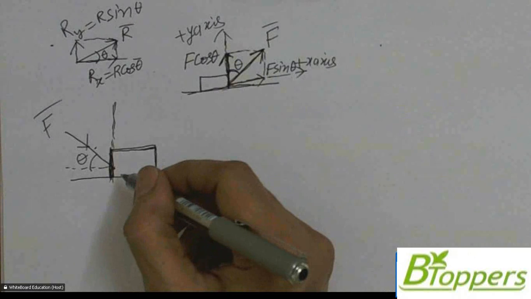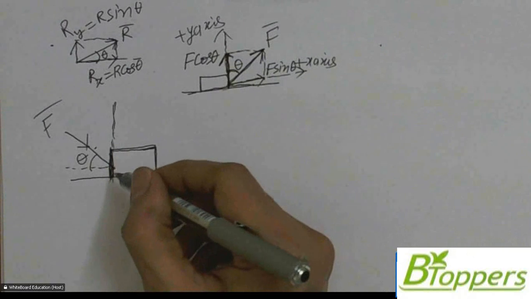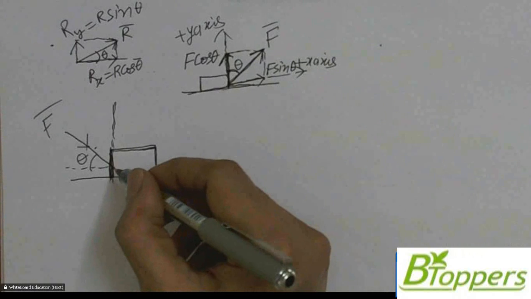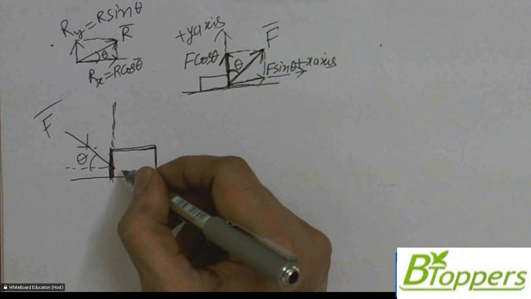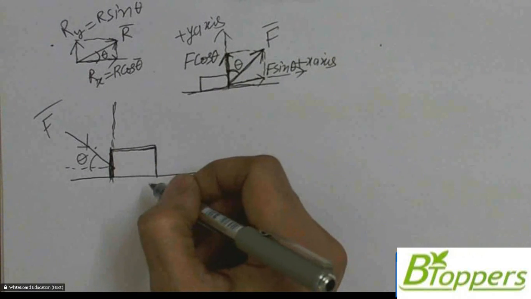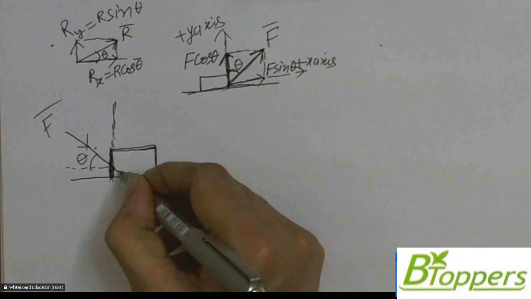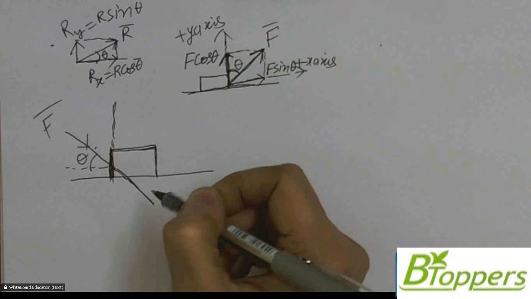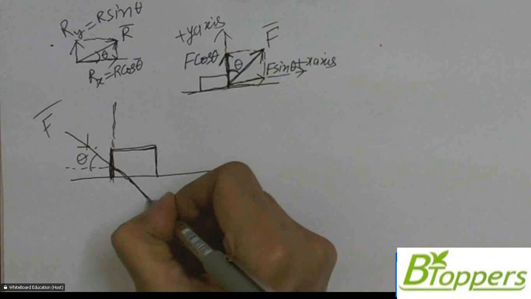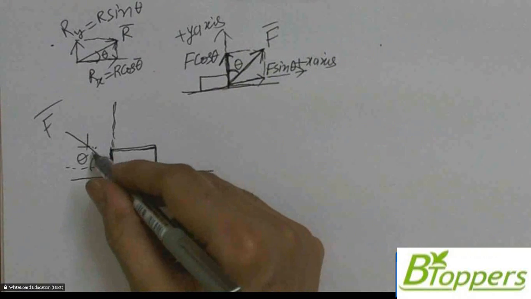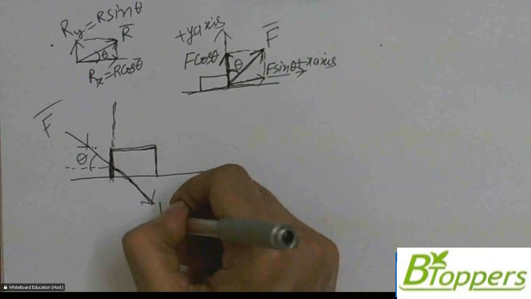So graphically, you can represent a given vector parallel to itself at a different place in the diagram. So you can draw a directed line segment like this, which represents a vector of same magnitude as this in the same direction. So this is F bar.